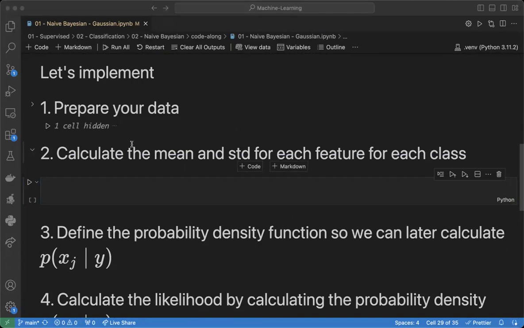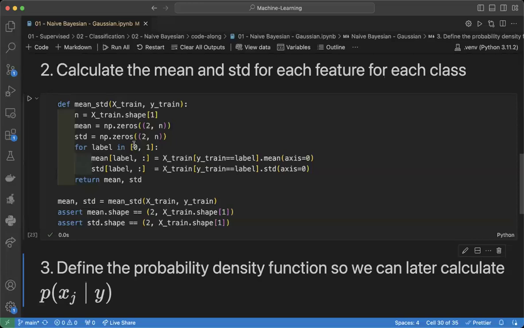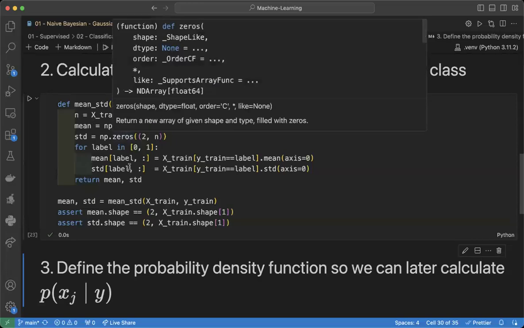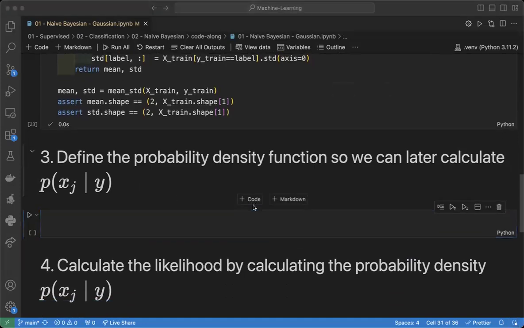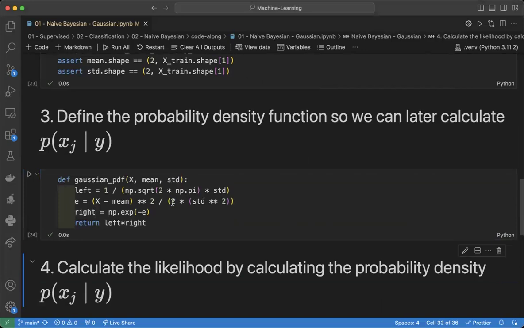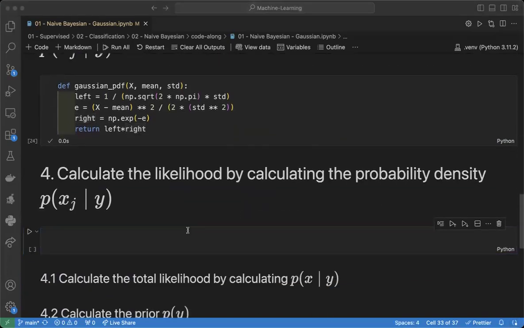This time, because I already have all the code up there, I will just copy paste. This code is basically the mean and standard deviation, and these are the probability density function. And then we calculate the likelihood of each of them.